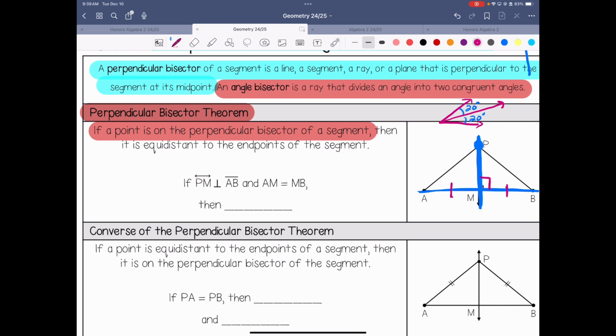So we've got our 90-degree angle, and we've got AM congruent to MB. When that happens, then PA, this distance right here, is congruent or equal to the distance from P to B.